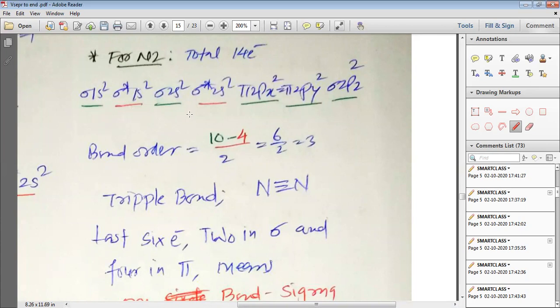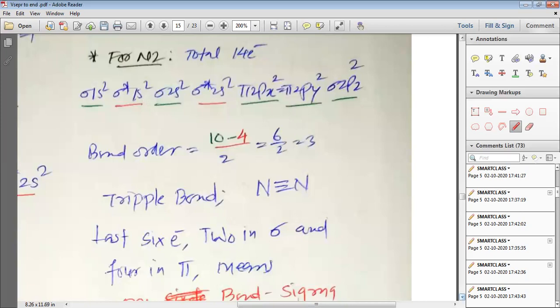In the antibonding molecular orbitals we have 4 electrons underlined with the red ink, 2 plus 2, 4. So bond order is going to be 10 minus 4 divided by 2, that is 6 by 2, and the bond order is 3. So there is a triple bond between the two nitrogens.